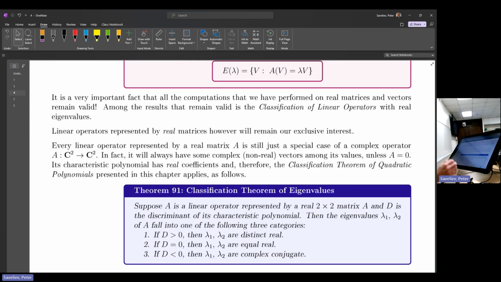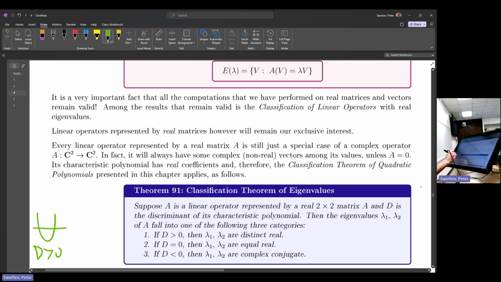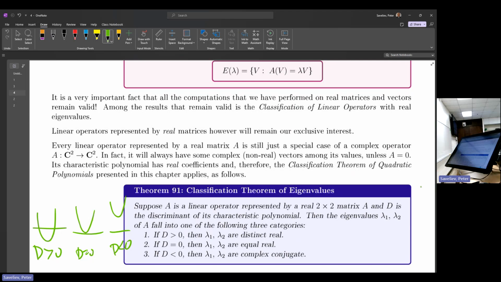Remember this picture: discriminant positive gives this, discriminant 0 is that, and finally this one is the discriminant negative. So either we have distinct real roots, or one real root, or we have two complex conjugate roots. Okay, so that's case number 2. That's the last one, the only one we have to explain.